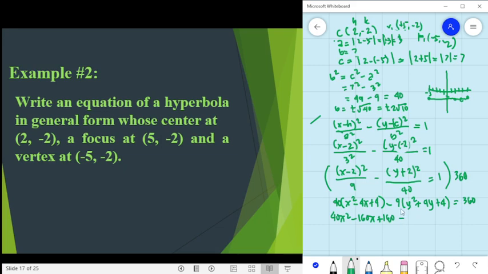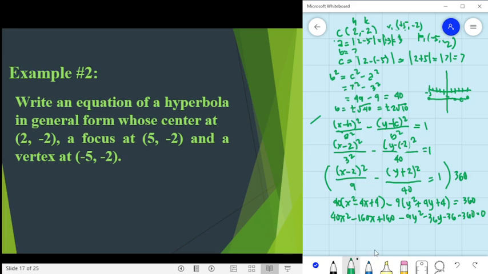Then minus 9 times y squared is negative 9y squared. Then negative 9 times 4y is negative 36y, and negative 9 times 4 is negative 36. Then adding both sides with negative 360 to make the right side be 0.